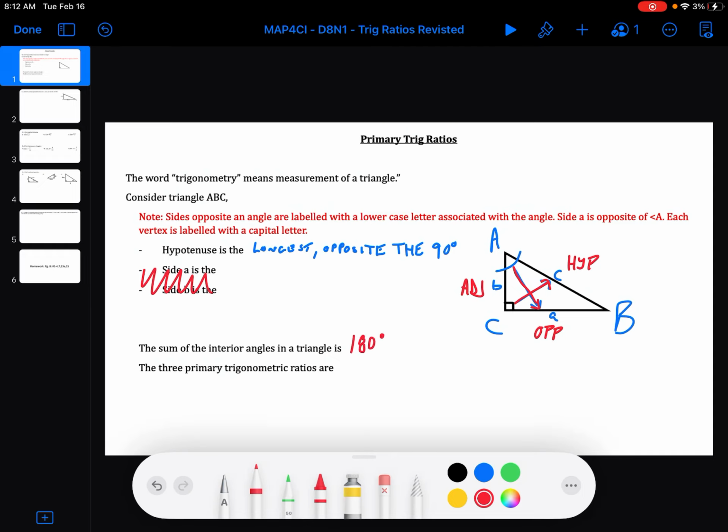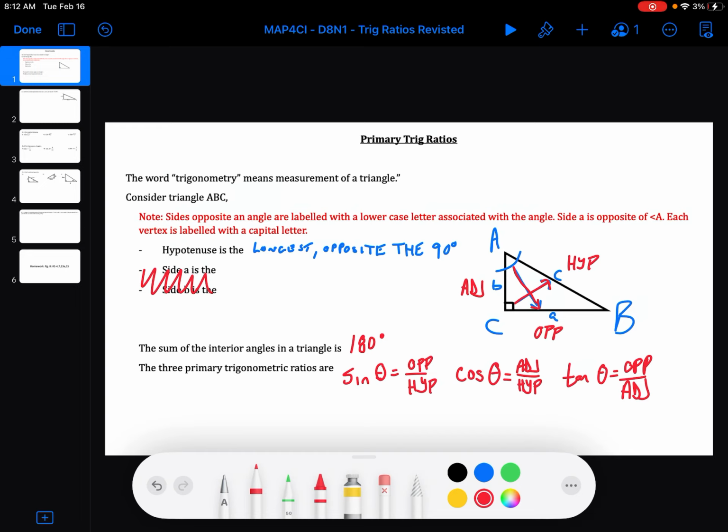And the primary trig ratios are sine theta equals opposite over hypotenuse, cos theta equals adjacent over hypotenuse, and tan theta is opposite over adjacent.